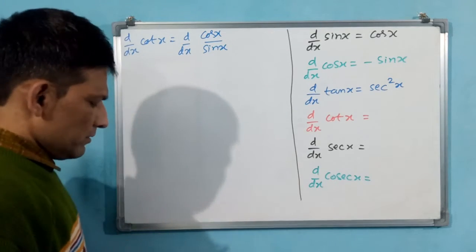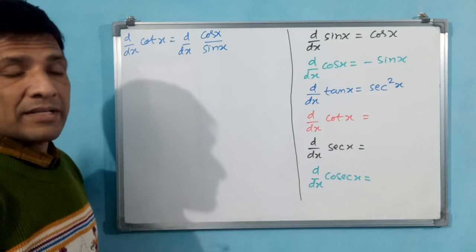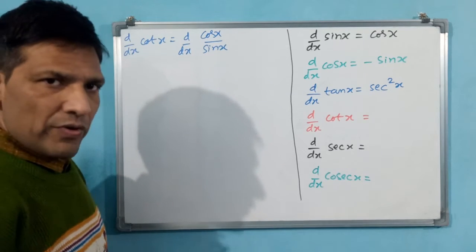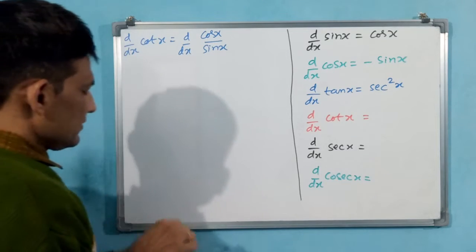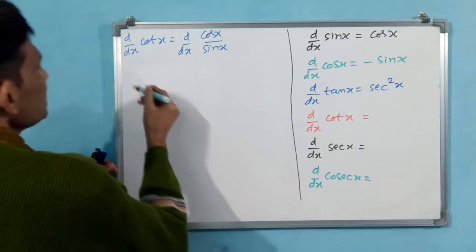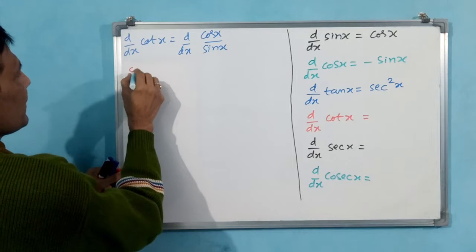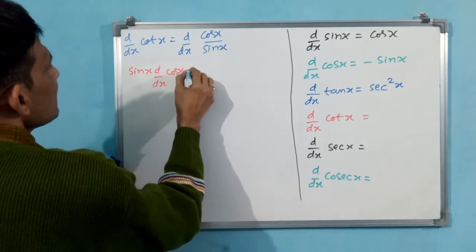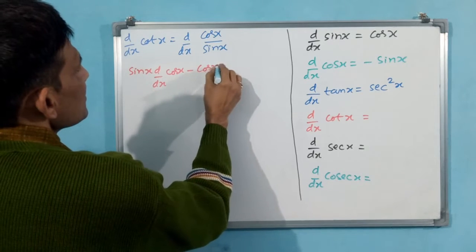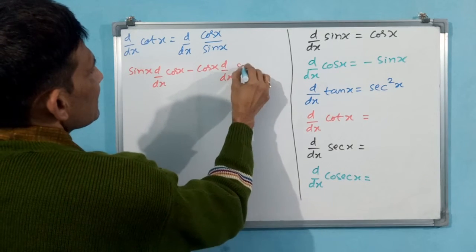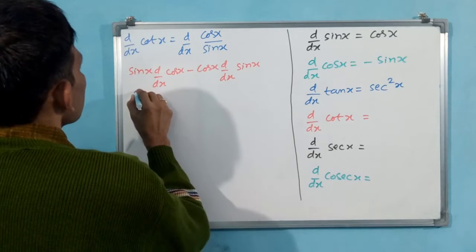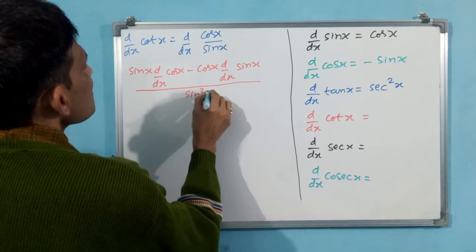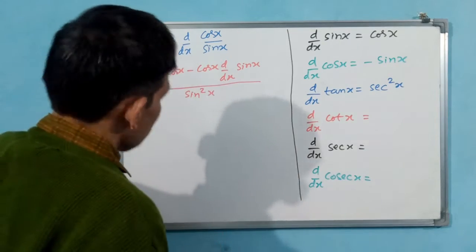Now you see, this is like d by dx of u by v, and we know the formula: v du by dx minus u dv by dx, all by v square. Write it down. Is it okay? Definitely okay.